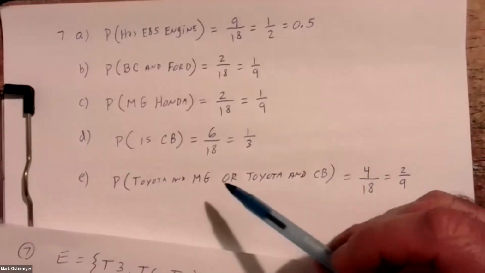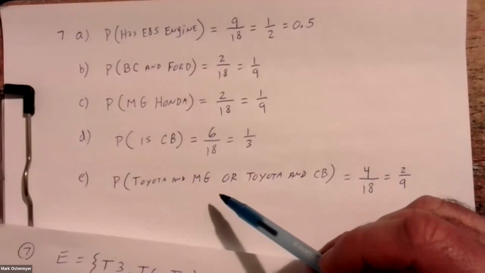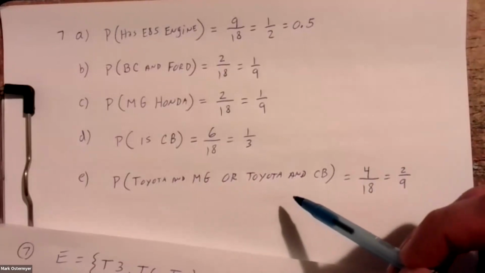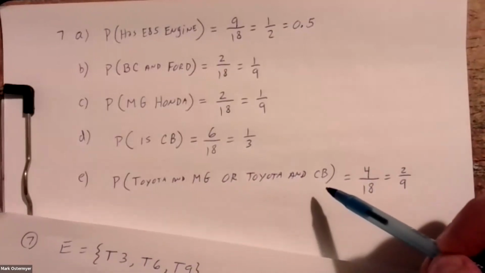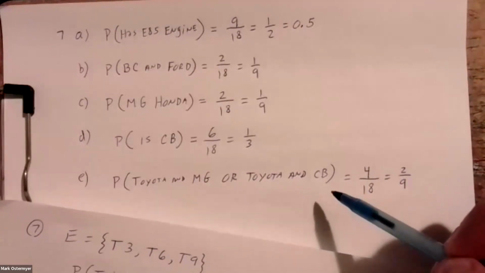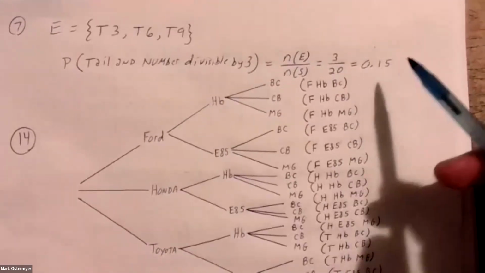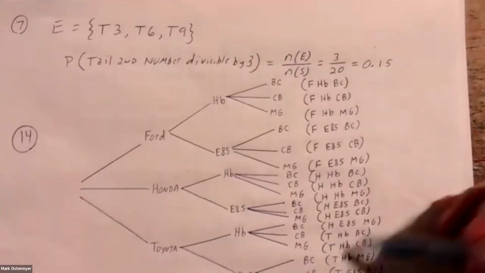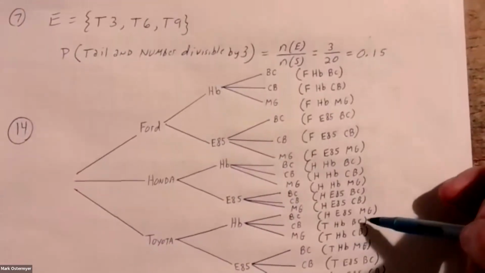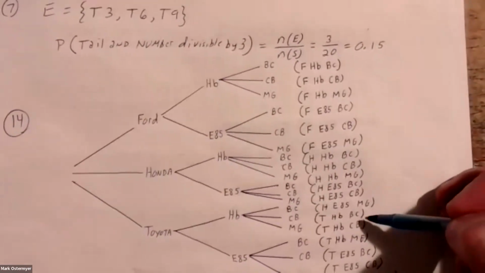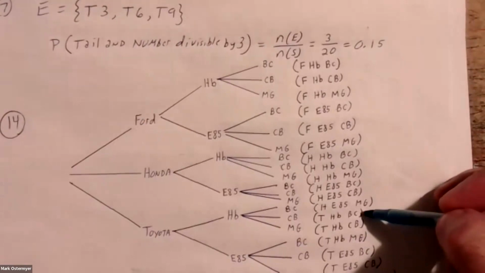Finally, what's the probability of selecting a Toyota that is metallic green or a Toyota that has a burnt copper finish? So here's all your Toyotas down here. Toyota burnt copper, 1.